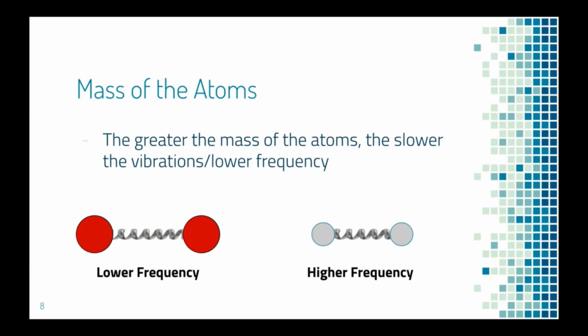If you were to flick the spring, it would move at a much slower frequency than if there were two ping pong balls attached to the same spring. That's how I like to think about it. Therefore, the greater the mass of the atom, the slower the spring will oscillate and move back and forth.